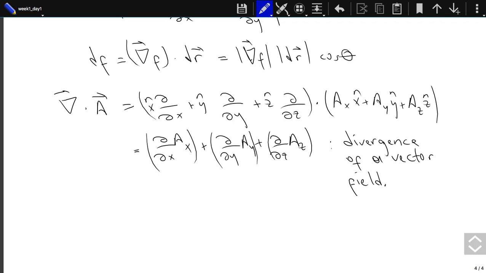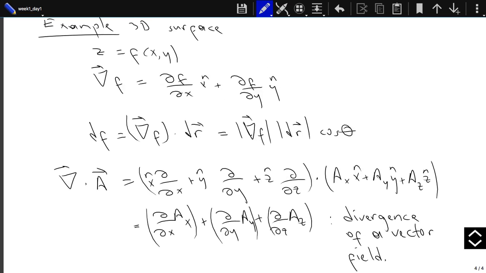Now, of course, if you don't use the x, y, z components, but we will be seeing the spherical coordinates, for example, then you have to be a bit careful, because if you take the derivative with respect to x, we said that x hat is just a constant vector. So its derivative is just 0. We don't need to pay attention to the derivative of x hat.